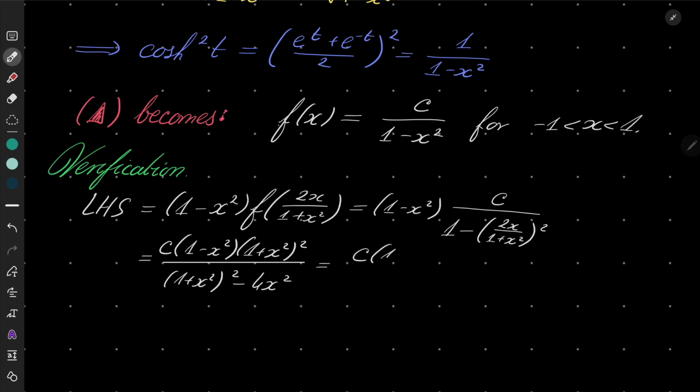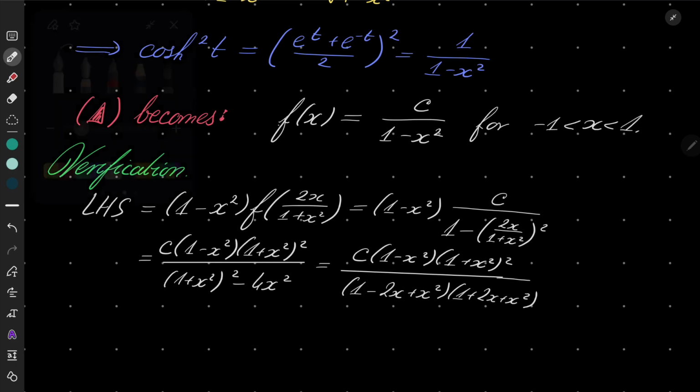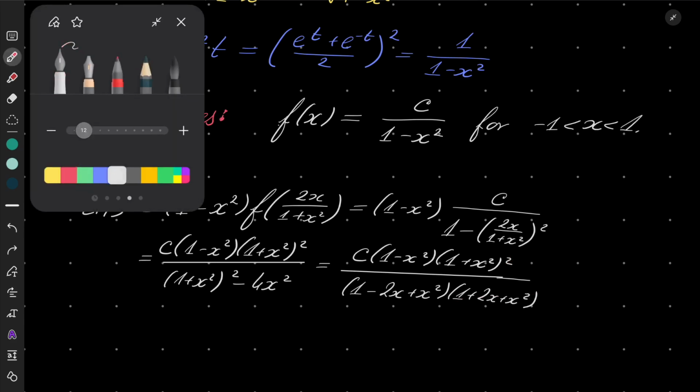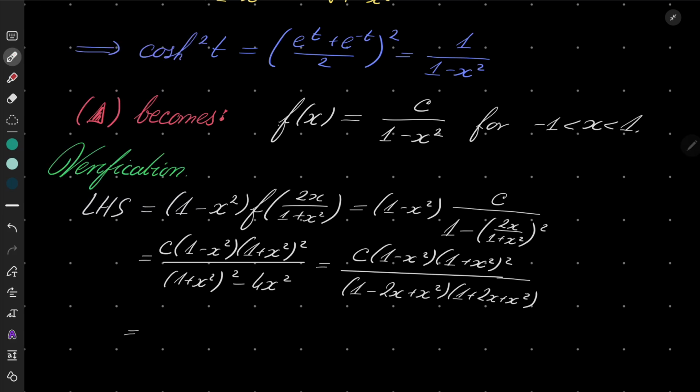So it's c 1 minus x squared, 1 plus x squared, and in the denominator we have 1 minus 2x plus x squared, 1 plus 2x plus x squared. Let's simplify something. Notice that this second power can be cancelled with this part. Am I right? No, I'm not. Sorry. I can do something else.